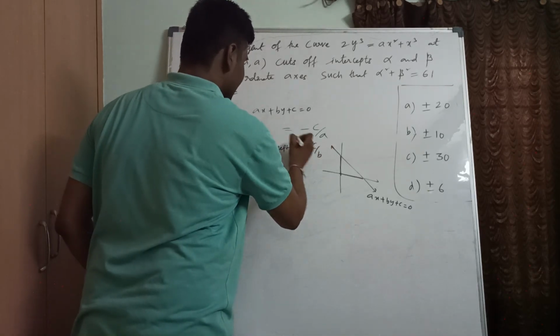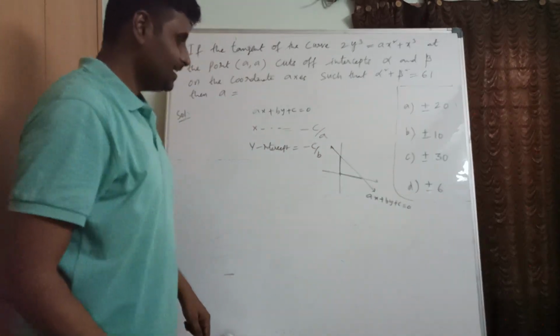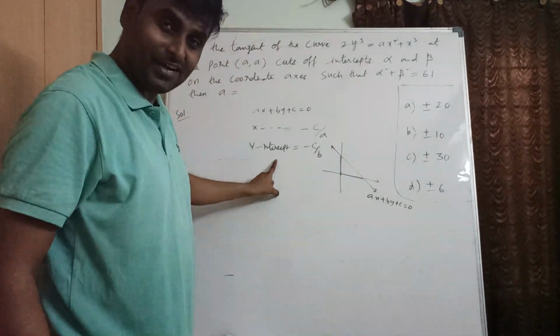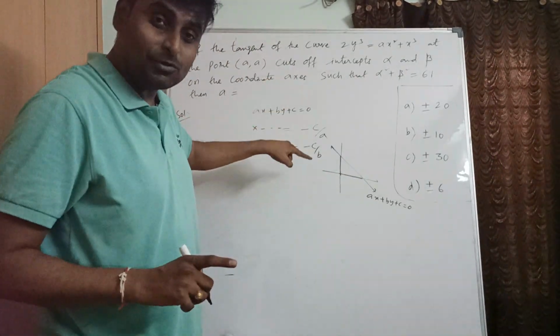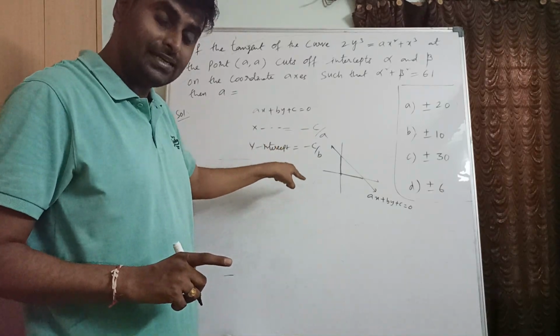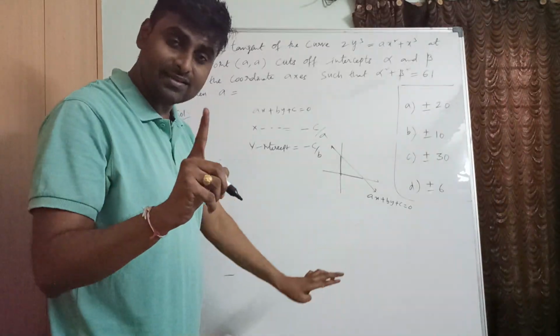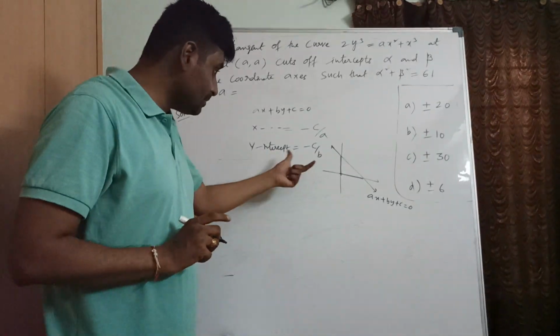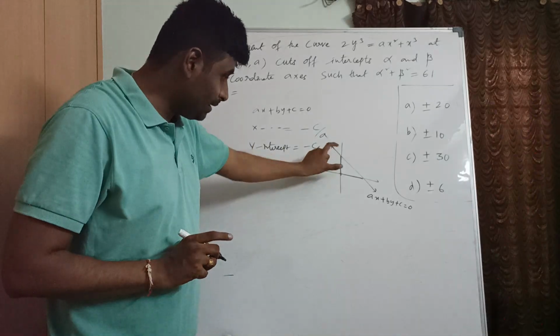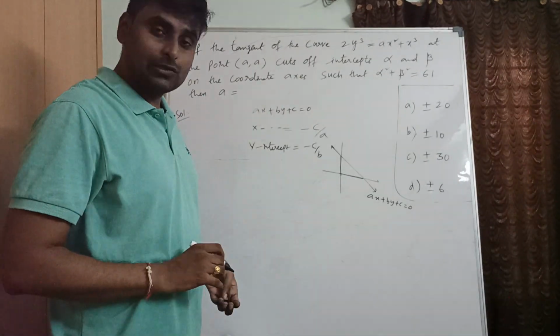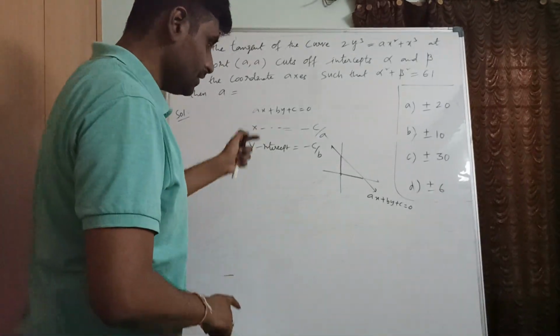Minus c by b. Correct or not? Right? So x-intercept minus c by a, y-intercept minus c by b. Just remember this. To solve this problem, we have to recall this, which was learnt in class 11. Then we'll be able to solve this problem by making use of this concept.